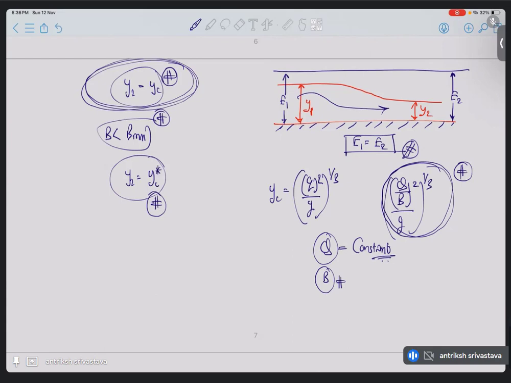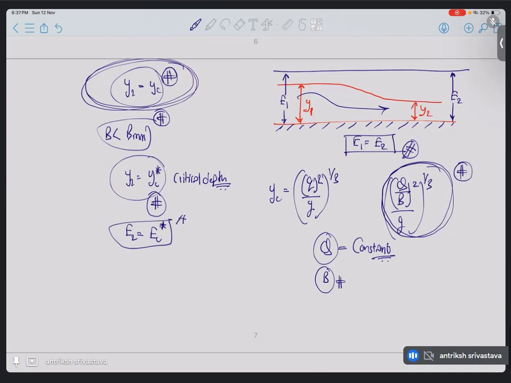So your Y2 is still going to be your critical depth, but the value of that depth is going to change. And similarly, your E2 is going to be your critical energy, but the value is going to change compared to your B minimum.